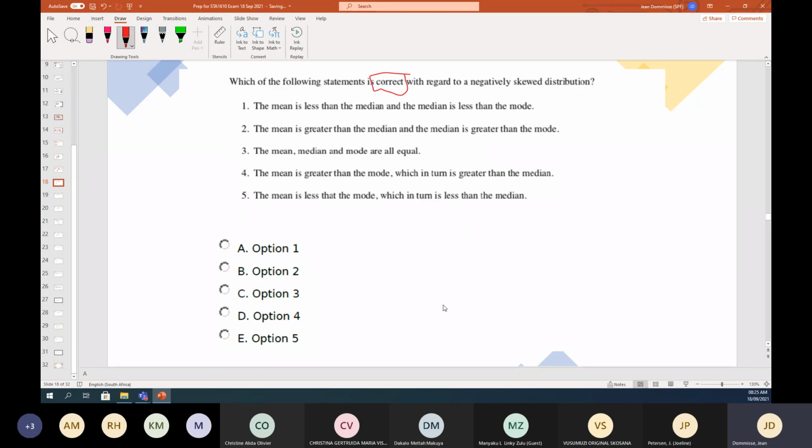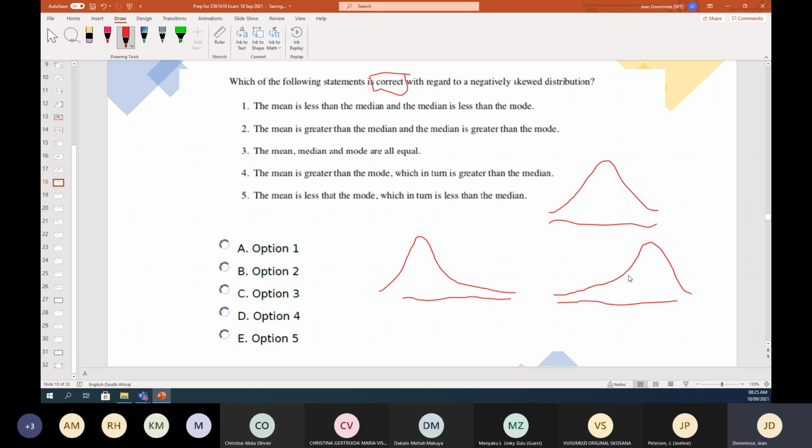Okay, so if something is negatively skewed, so let's just, I'm going to try to draw it. So that's your normal bell-shaped curve. Let's do, hopefully, a positive skewed is something like that, and negatively skewed is something like that.